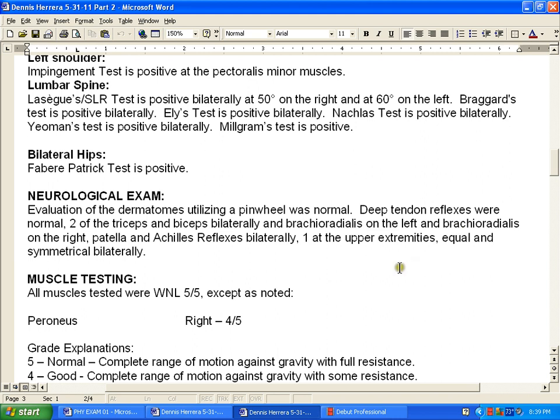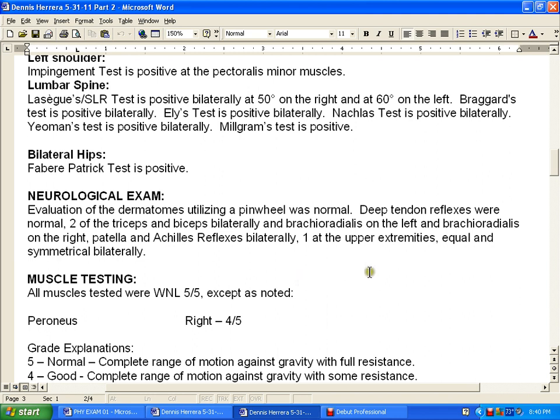Let's start this again with the deep tendon reflexes. Deep tendon reflexes were normal, 2, not period. At the upper and lower extremities, equal and symmetrical bilaterally.